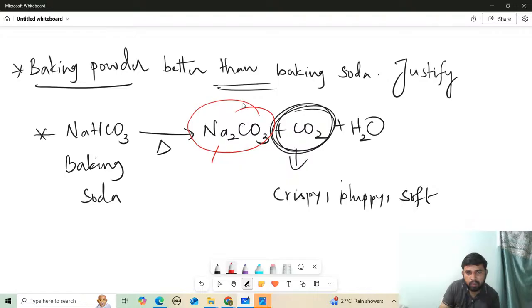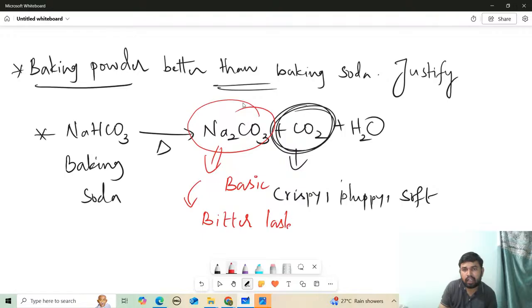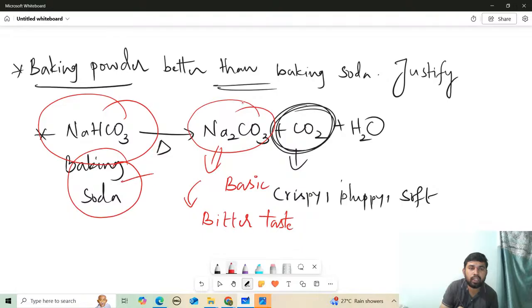This Na2CO3 is a base, a basic substance. And a basic substance definitely gives a bitter taste. That is the disadvantage of sodium hydrogen carbonate, or baking soda, during the cooking process. So that's why they can't use baking soda.